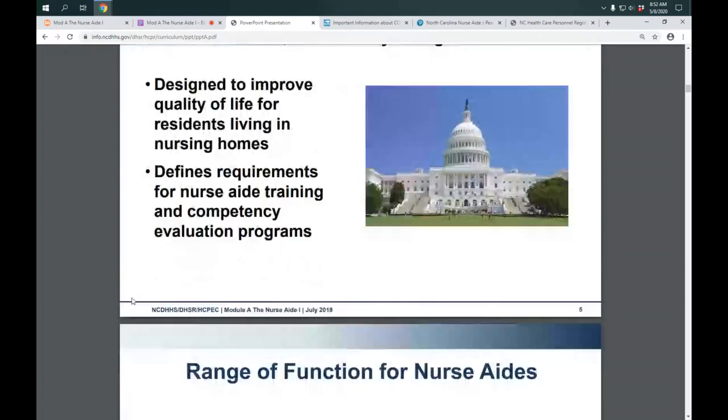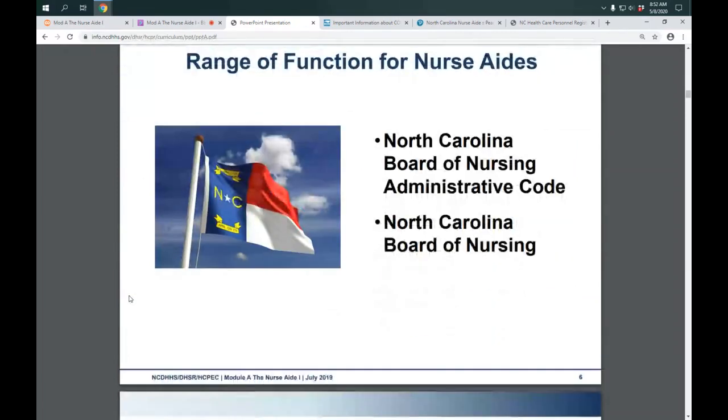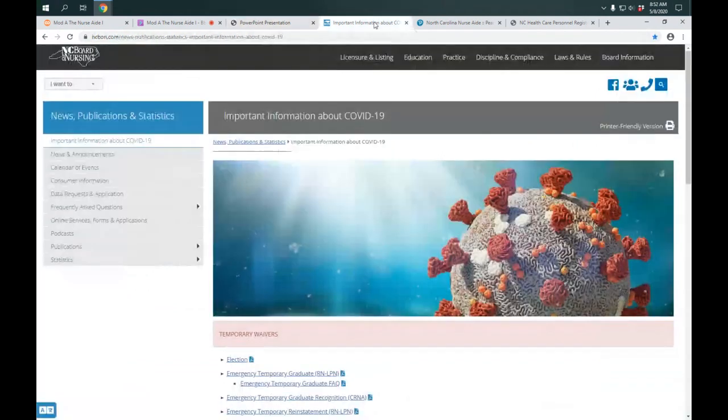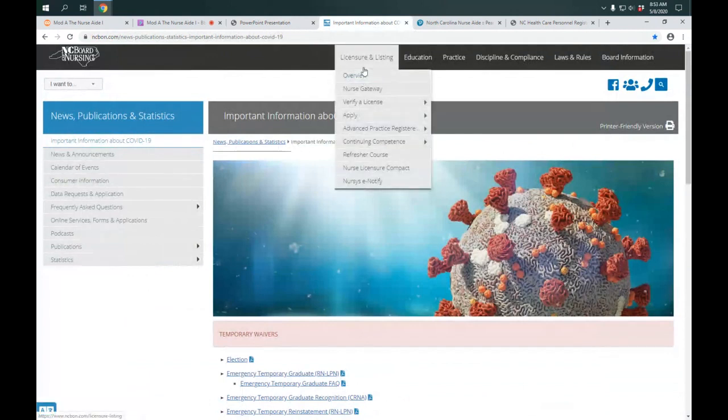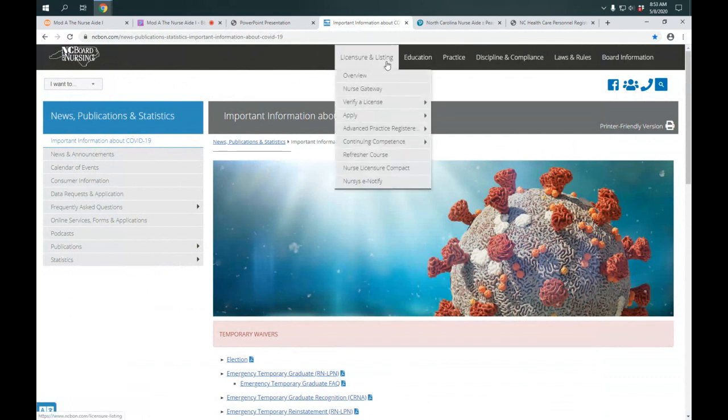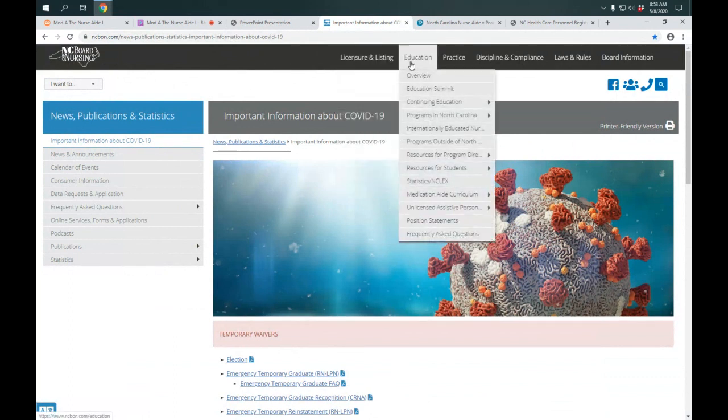Okay. Range of function for nurse aides. The North Carolina Board of Nursing decides exactly what tasks a CNA 1 can do. Let me just run up here and I'll show you. This is the actual North Carolina Board of Nursing website. There are all kinds of things that you can do here.